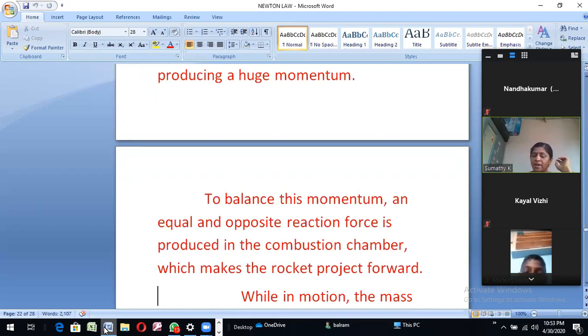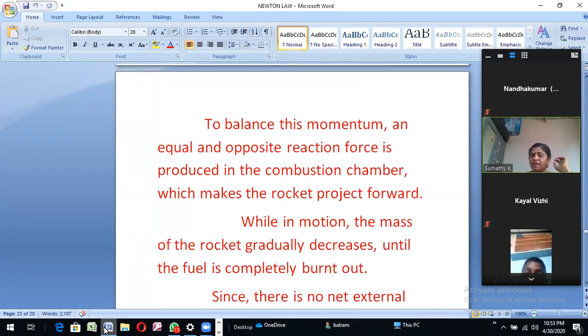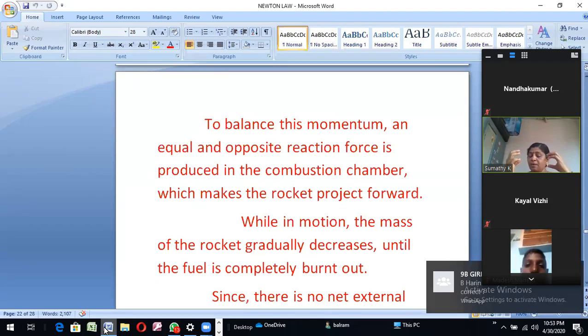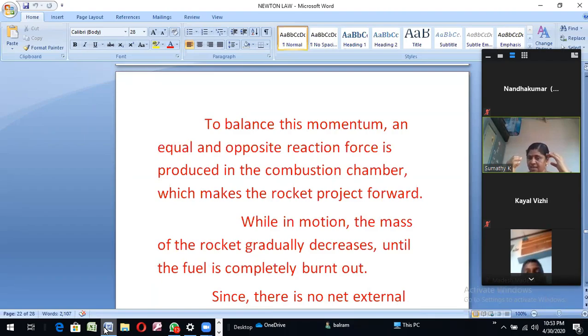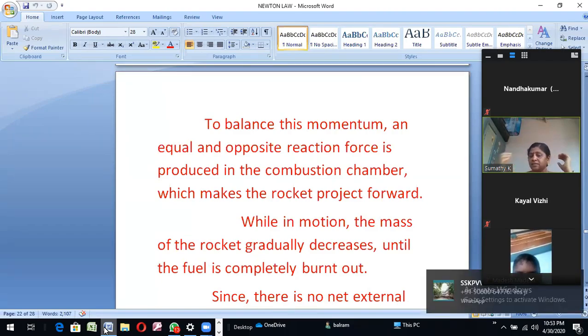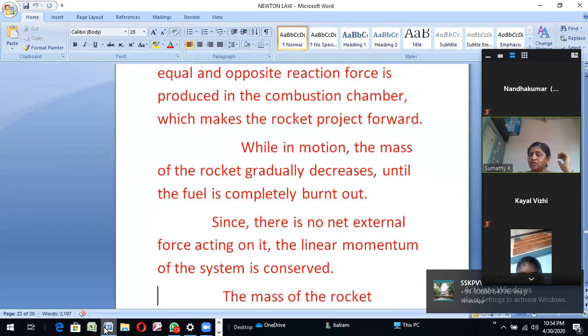Okay, while in motion, the mass of the rocket gradually decreases because the mass of the fuel is burnt until the fuel completely burns out. Okay, so as the mass decreases, the momentum increases. There is no net external force acting on it.